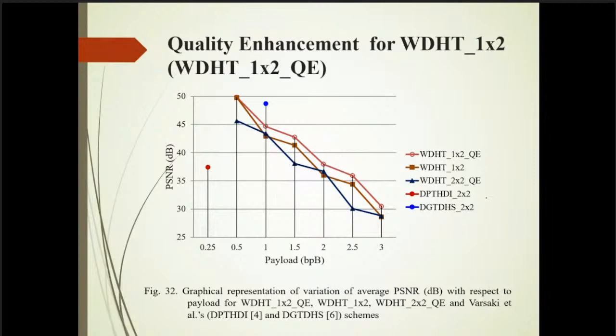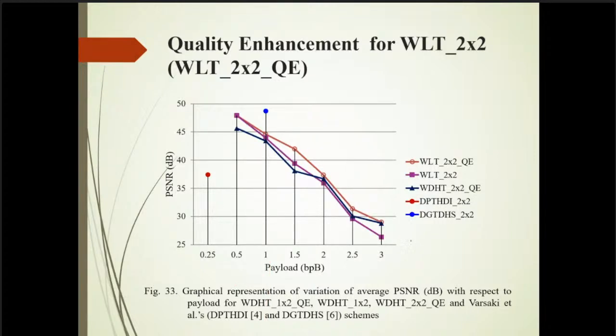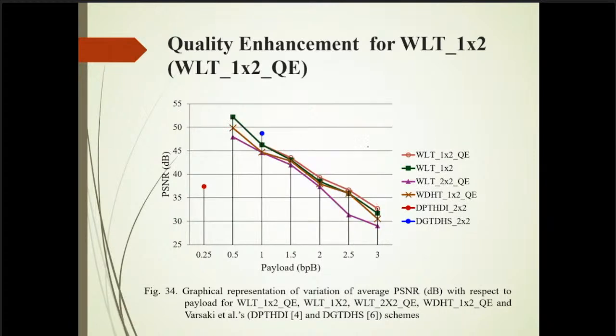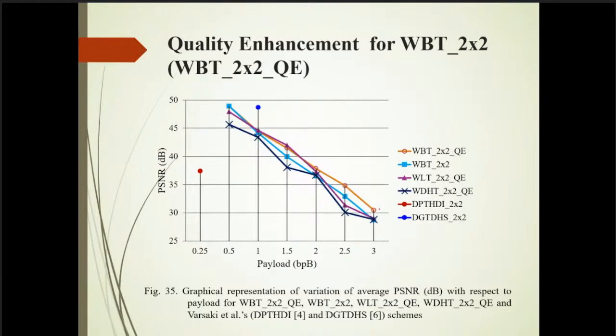Then if we go for the enhancement, you see that it is improving a lot. Here is the original. Then again, if we go for quality enhancement for 1 cross 2, the improvement is more, except this particular one, that means the Legendre Transform. All other transforms are satisfying the PSNR, peak signal to noise ratio, more than 30.